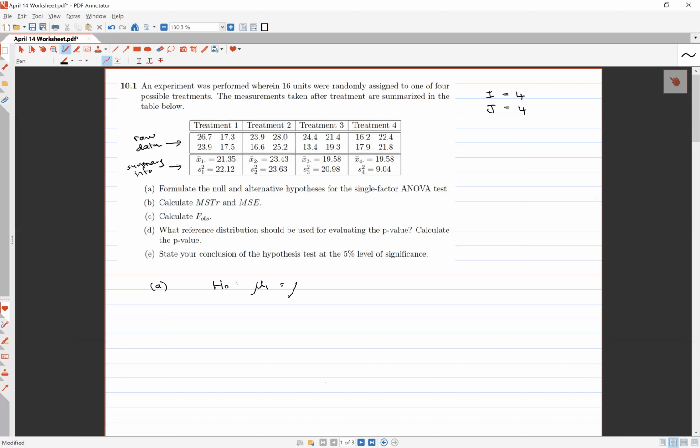So this would be mu1 equals mu2 equals mu3 equals mu4. All the treatment means are equal. And the only variation of an alternative that we have is that at least two means are different.